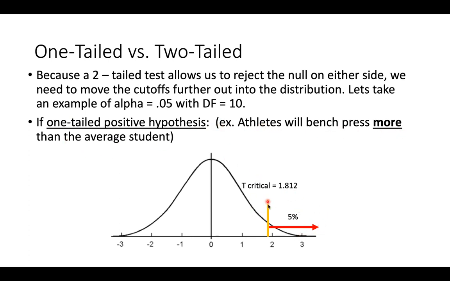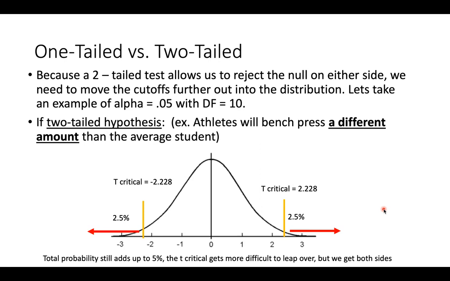We set up a critical value with degrees of freedom 10 and alpha of 0.05. The critical value is 1.812. So athletes will bench press more, meaning we will be convinced if our athletes fall in the top 5% of bench press weight.